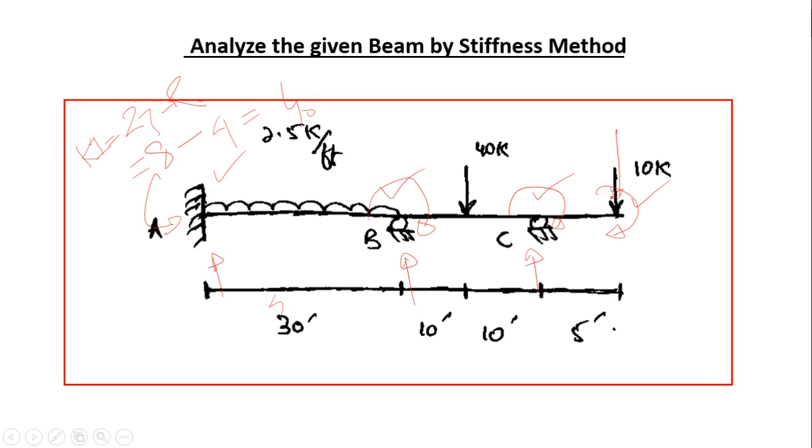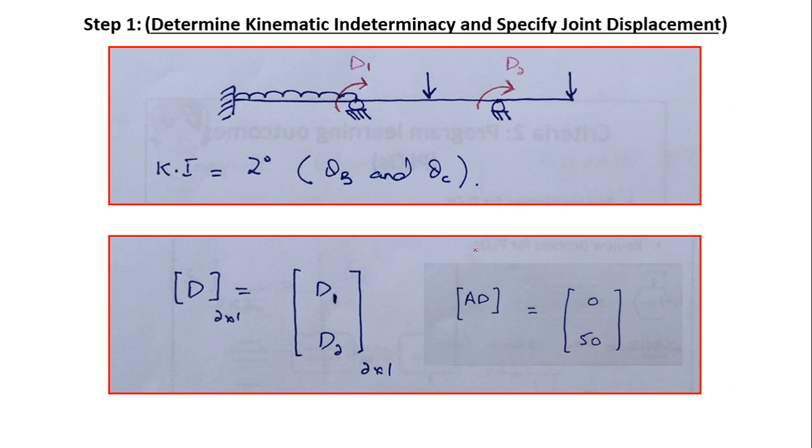But I can reduce the Ki of this structure by converting this overhanging moment into an applied moment. So it's very easy. That would be done in the next step. You should know that this load forms a clockwise moment here.